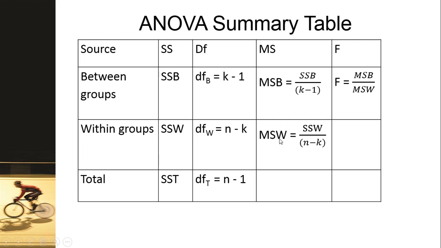So MSW is SSW divided by degree of freedom, n minus k. And the F ratio here is simply MS between, MSB, divided by MSW. So that's all the numbers that go into the ANOVA summary table.